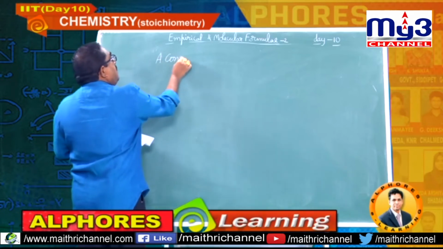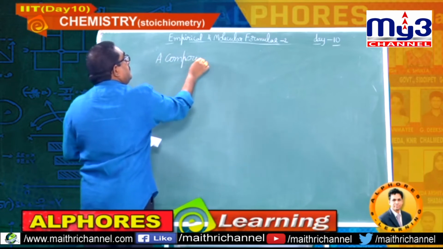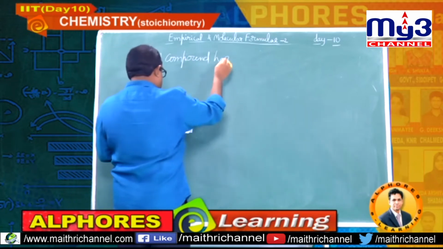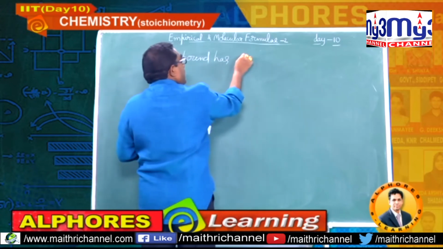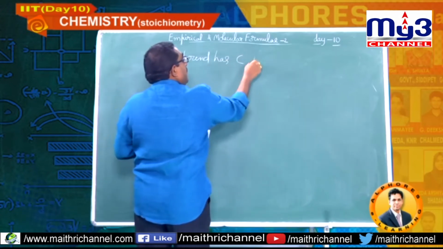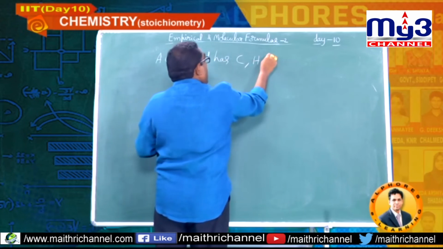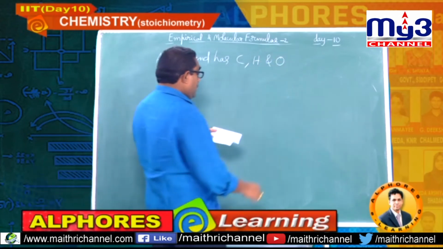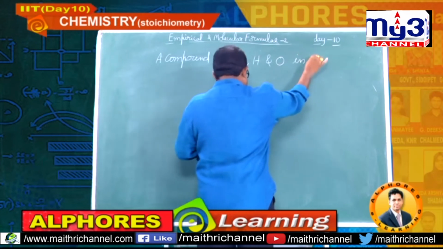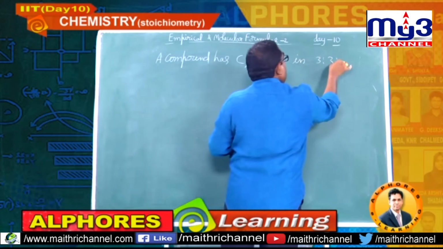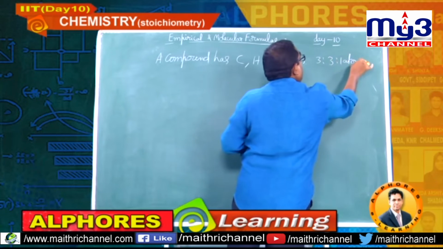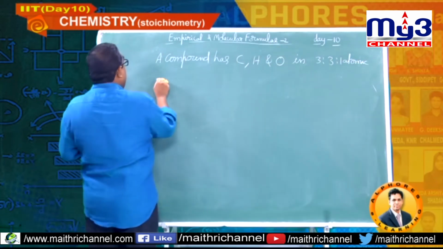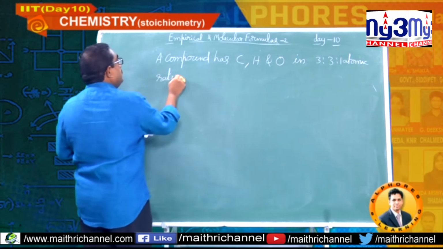A compound has, I am writing the elements, students, write down carbon, hydrogen and oxygen in 3:3:1 atomic ratio.